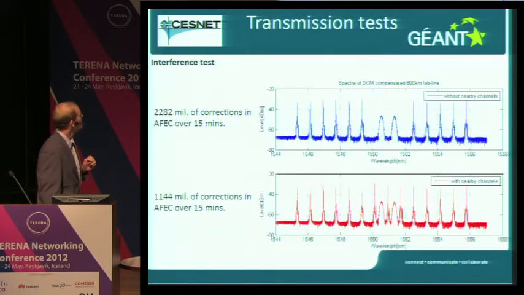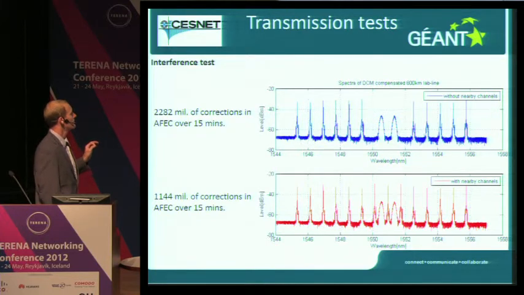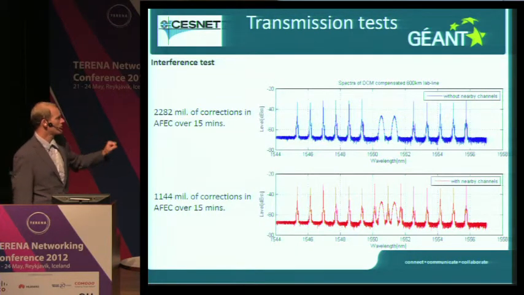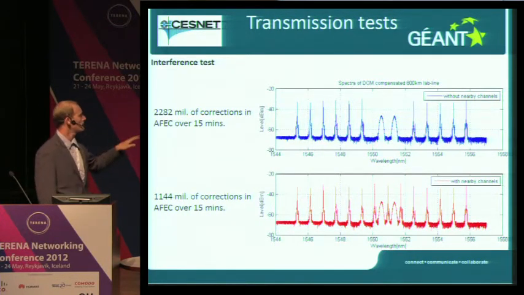One more test, which we did actually as the last one in the laboratory, was the interference test, where we saw some kind of strange behavior, because we used the same setup but changed the frequency plan, or the lambda plan.